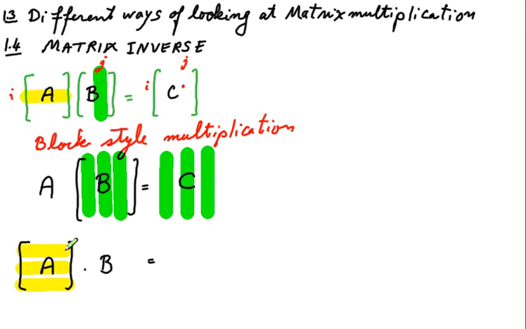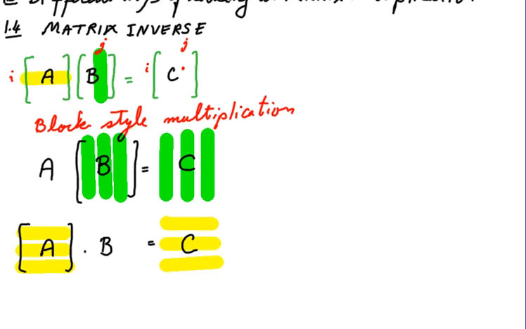You take all of this row, multiply with the second matrix B, that's going to give you a row. Take the second row, multiply by B, that's going to give you another row. Third one, multiply by B, that's going to give you another row. So that would be another way of going about our business.